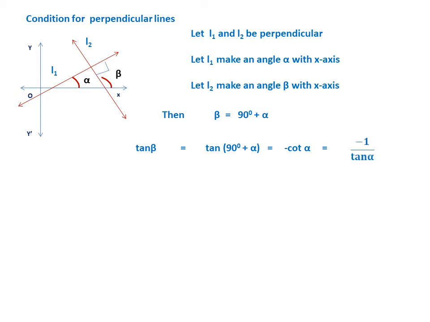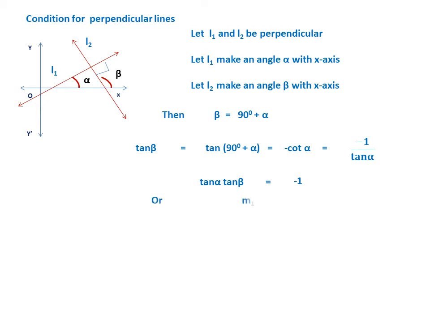But this we can write as minus 1 by tan alpha. Minus cot alpha can also be written as minus 1 by tan alpha. Therefore, when you cross multiply, you get tan alpha into tan beta equal to minus 1.